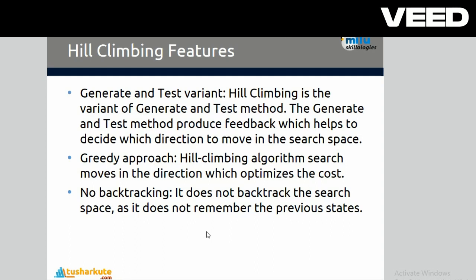So naturally, the greedy approach algorithm moves in a direction which has optimized cost values. And moreover, this hill climbing algorithm doesn't have any backtracking process, and does not remember the previous state when it finds that another peak is higher.